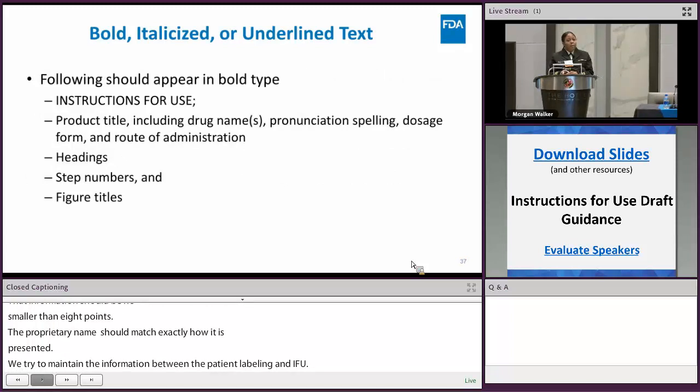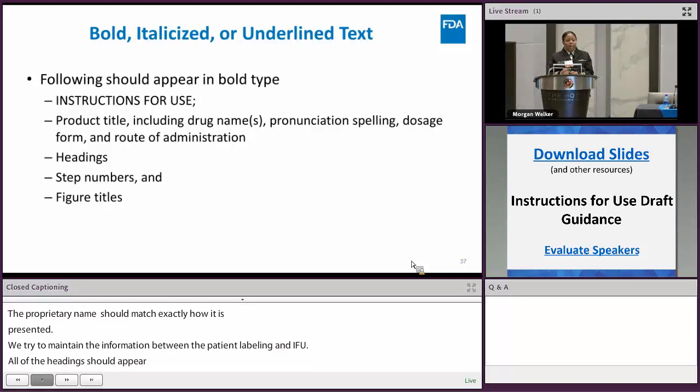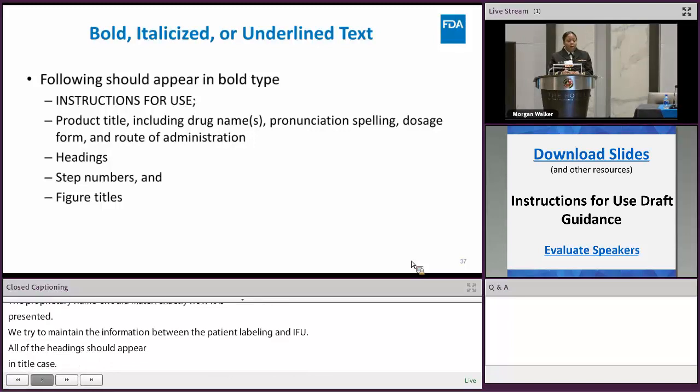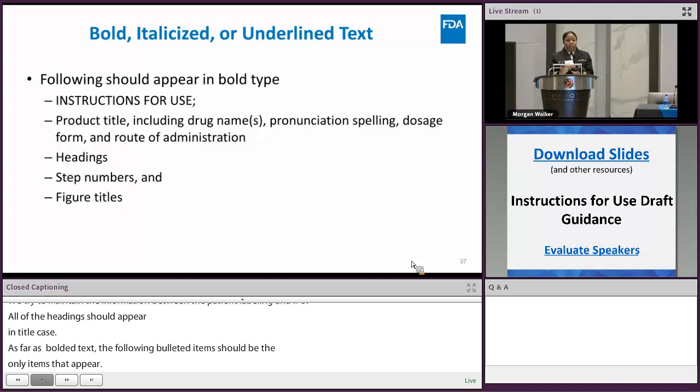As far as bolded text, the following bulleted items should be the only items that appear in bold type font. We try to refrain from using a lot of bold, italicized, or underlined text within the body of the IFU because we don't want all the messages to be blared. If there are key critical tasks or critical information that you want to highlight to the patient, you would reserve bold, underline, or italics for that information.